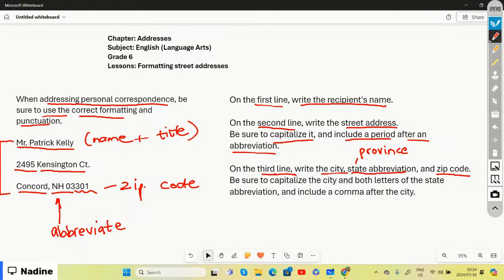The country is South Africa. But then in South Africa, I live in the province called the Western Cape, right? So I live in the Western Cape. So if I abbreviate the Western Cape, I'm just going to write WC. And that is to abbreviate, let's say, the province that I live in.